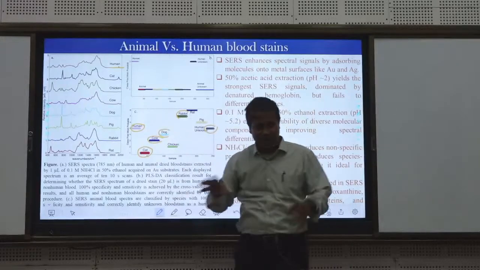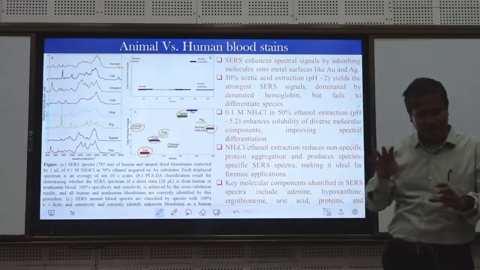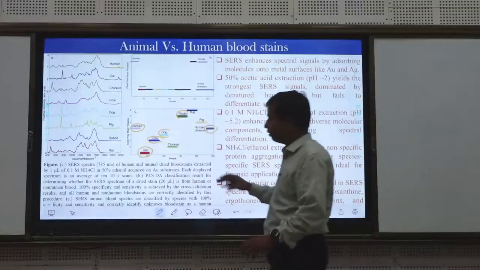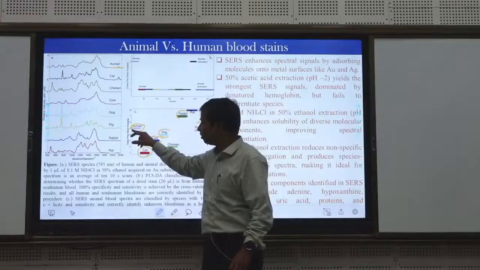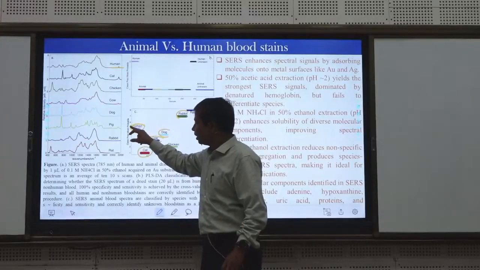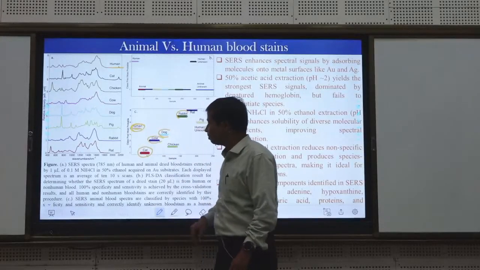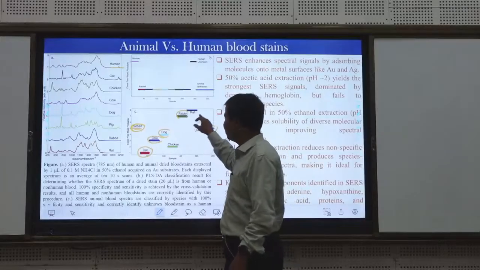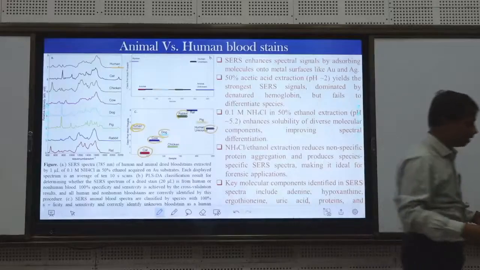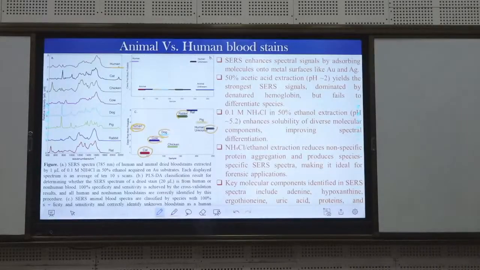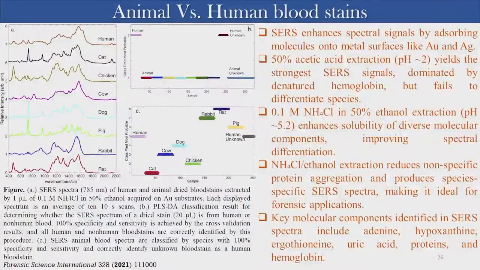So it's very interesting that based on Raman spectroscopy, if the blood comes to this region, the most probable class, then you can tell this blood is from a human, and everything is quite separated. So this technique is very nice to separate animal blood from human blood.